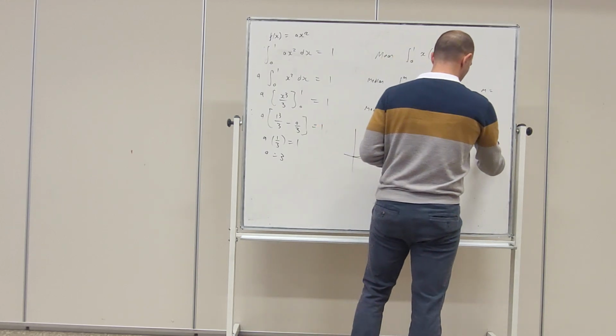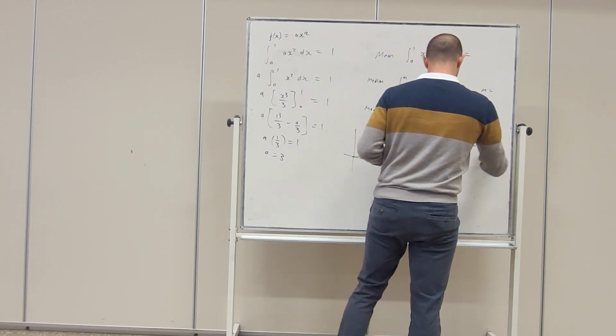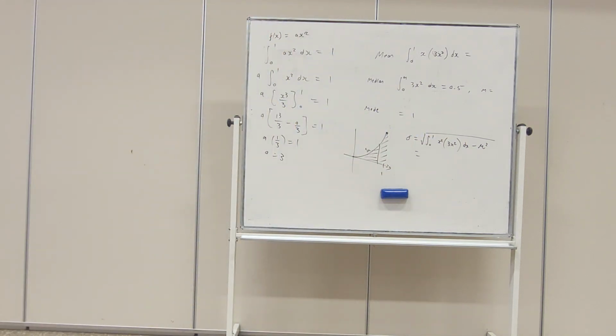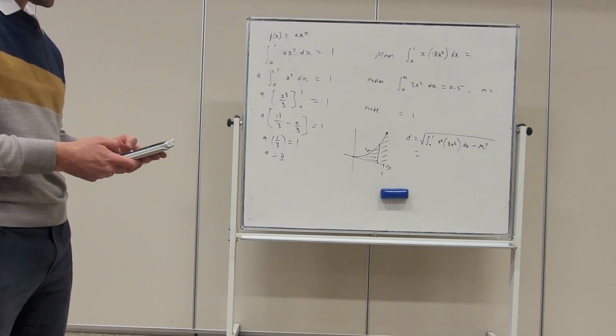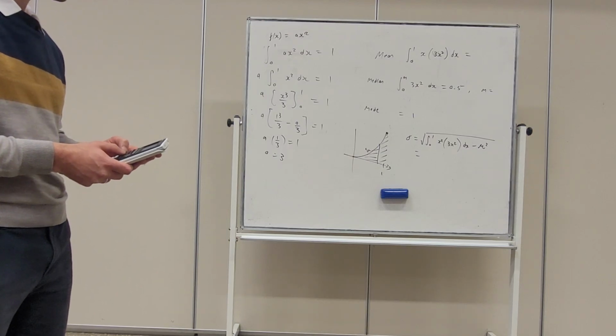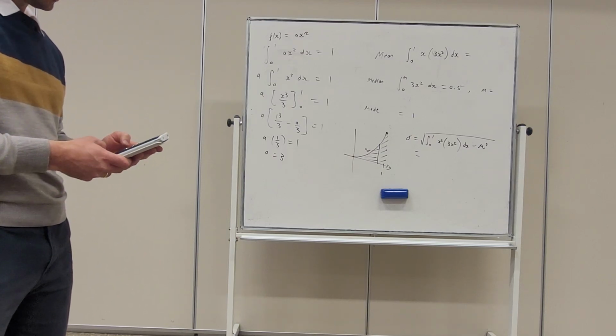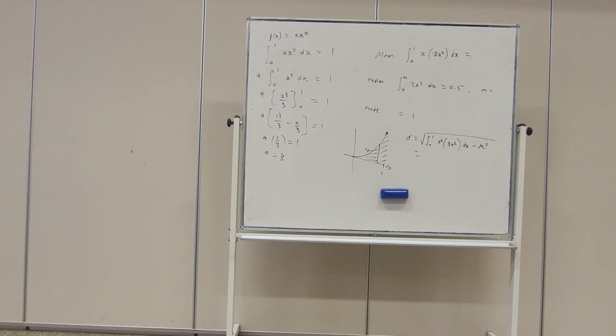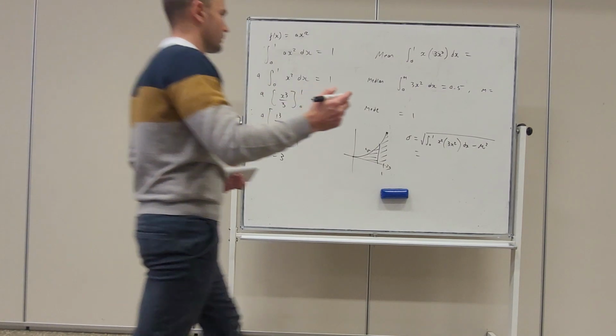So we'll have to evaluate the mean and sub it into there. Okay, so let's evaluate these things. So for our mean, we have x times 3x squared, so 3x to the 3, from 0 to 1. And I've got 3 on 4, or 0.75.